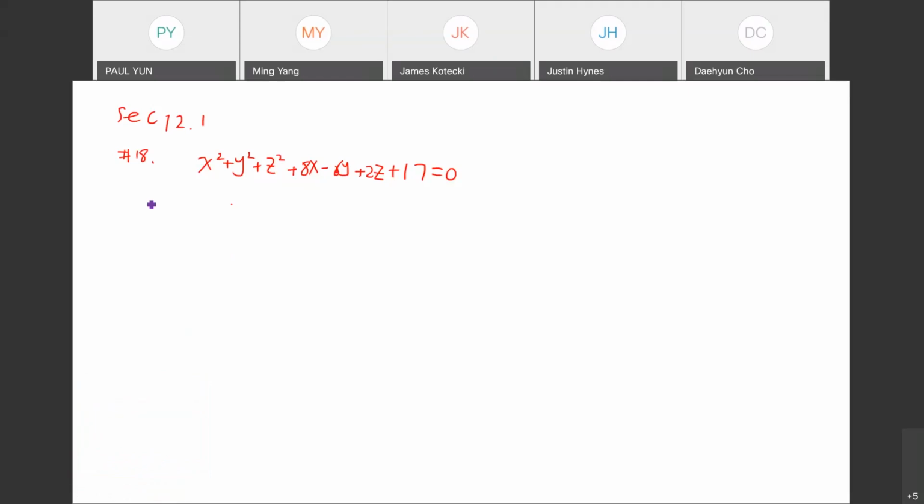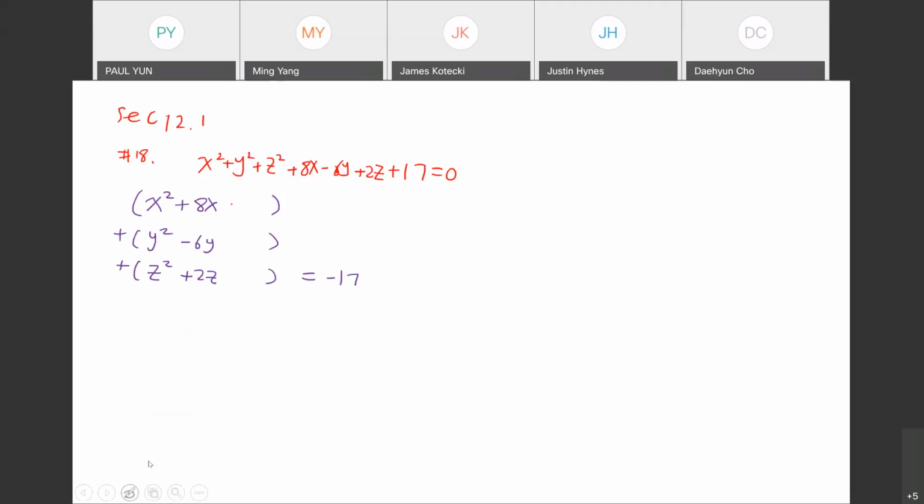You put x squared, and then let me put here y squared, z squared. I mean, let me look at it this way. 8x equals negative 17, right?